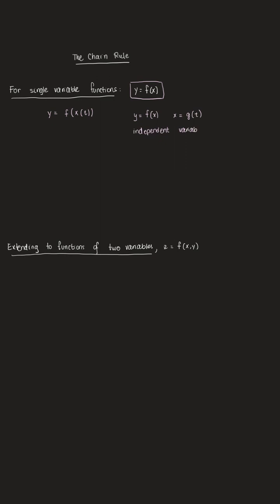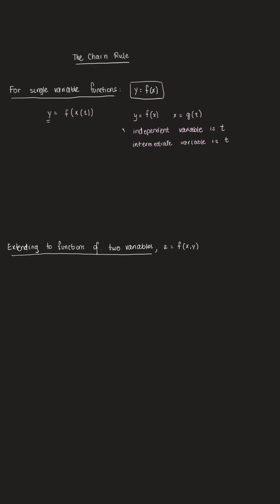T drives what x does, which in turn drives how y behaves. So independent variable is t, and we call x in this case an intermediary or intermediate variable. So intermediate variable, you can see it's kind of in the middle. It's used to define y as f of x, but it depends itself on t.